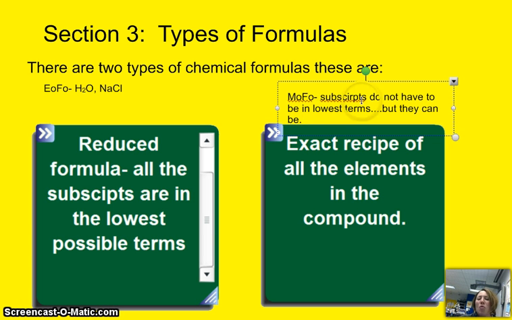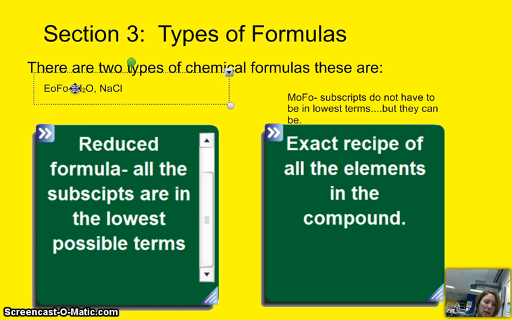It's the way you make the compound, okay? For example, water's molecular formula, how do you make water? Water's molecular formula is the same as its empirical. The molecular formula for water is also H2O. That's how you make water.